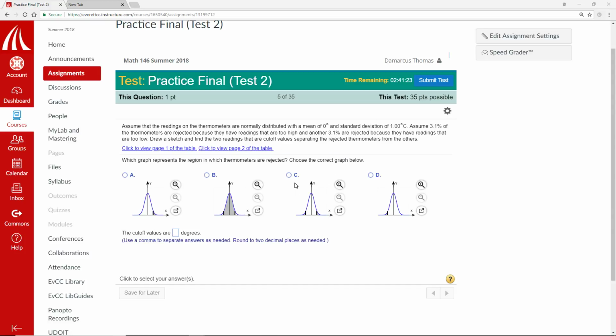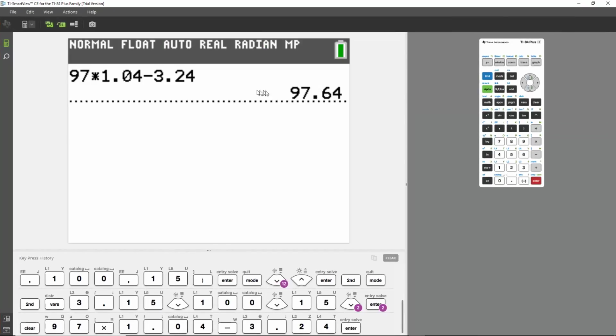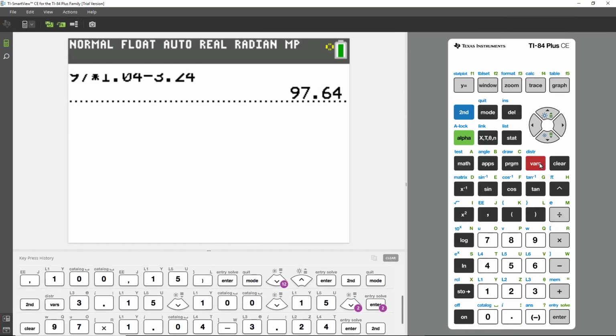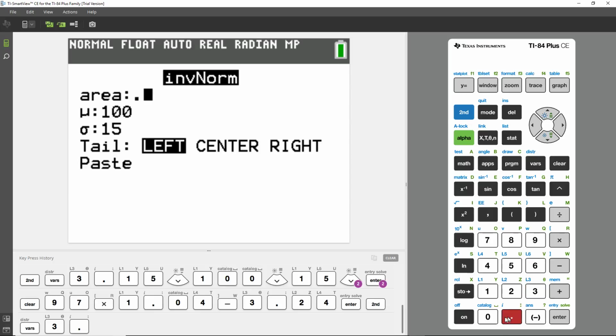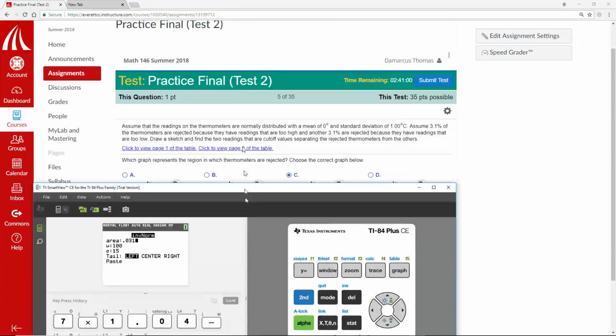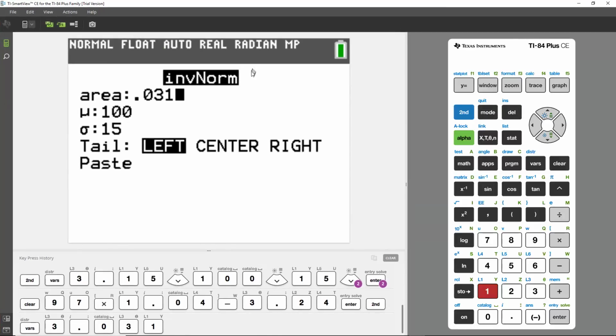Okay, so there's going to be my sketch. And for the cutoff values, because this is symmetrical, I simply need to find the inverse norm of one of them and we'll be good to go. So I'm going to find the negative one. I'm going to be really lazy and just do the inverse norm of 0.031, and I believe that's 3.1% to the left.